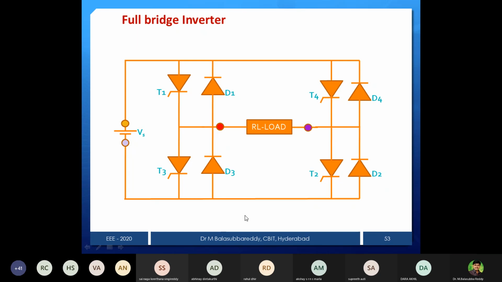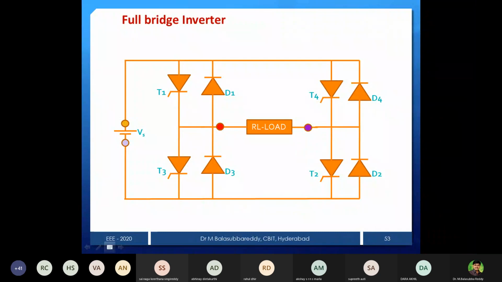If you see the half bridge inverter circuit and the full bridge inverter circuit, there is a small difference. The supply is different. Instead of using Vs by 2 and Vs by 2, a midpoint DC is required for the half bridge inverter. That is one of the drawbacks.